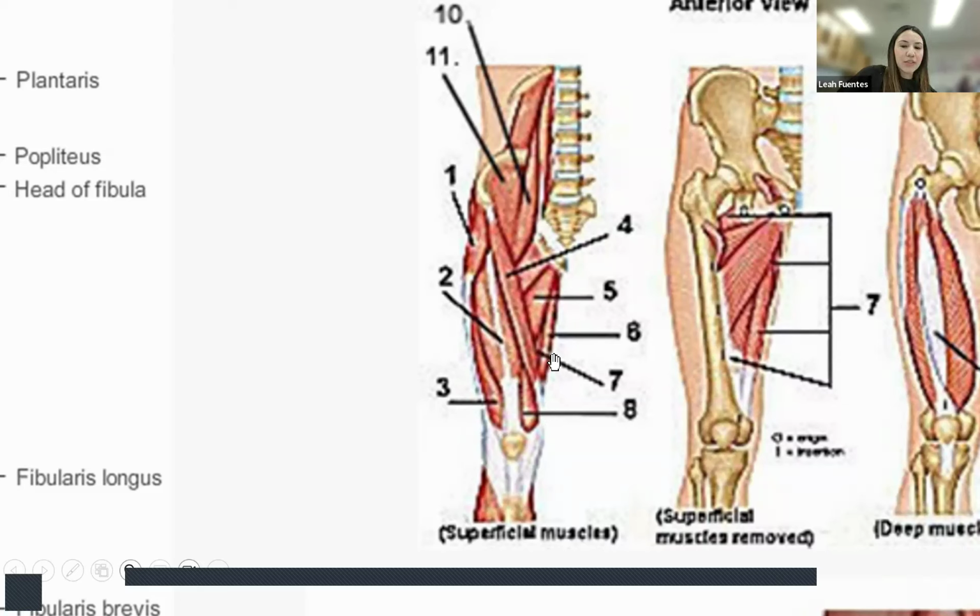What about number 7 in here? This is going to be one of your adductors. Does anybody know which one it is? This one is going to be magnus, so your adductor magnus. Whereas up here, number 5 would be your longus.